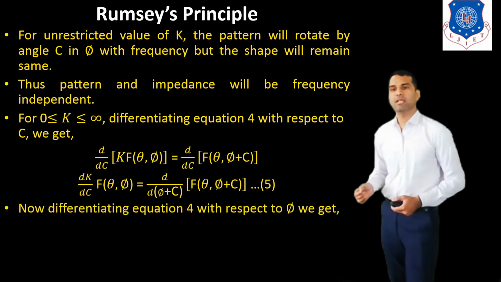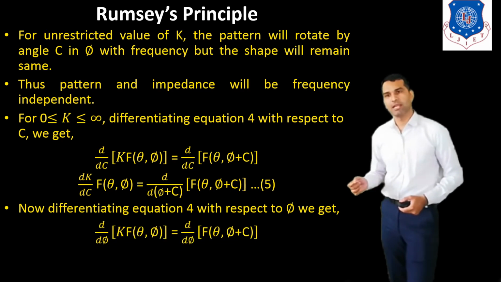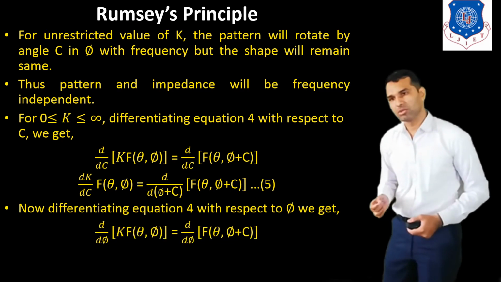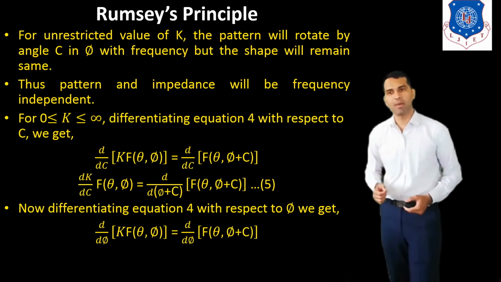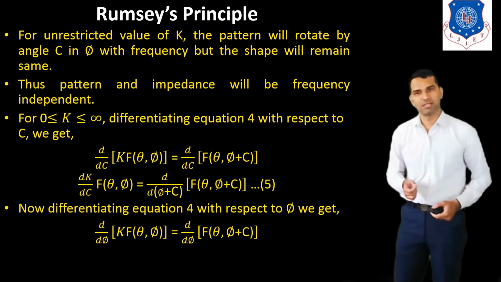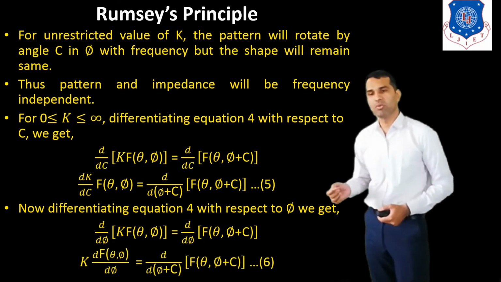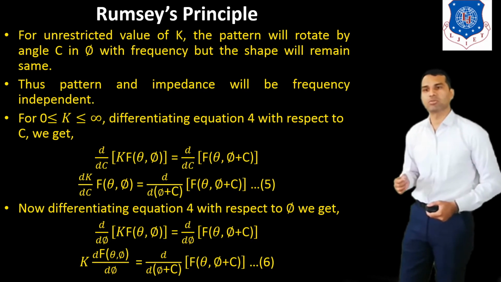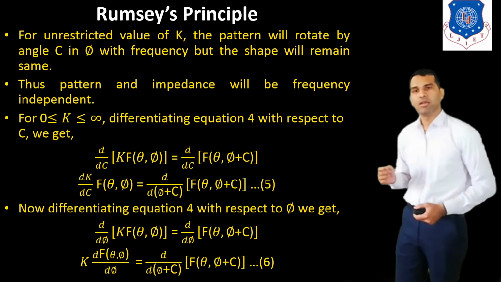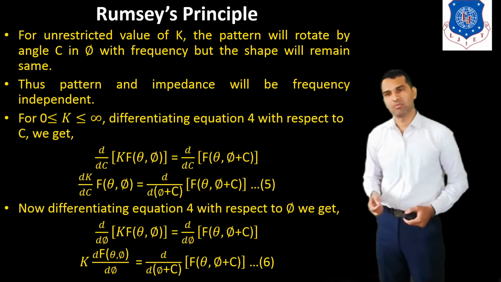Now differentiating equation 4 with respect to φ, we get d/dφ of k f(θ, φ) = d/dφ of f(θ, φ + C). So taking k as a constant, we can write k df(θ, φ)/dφ = d/dφ f(θ, φ + C).